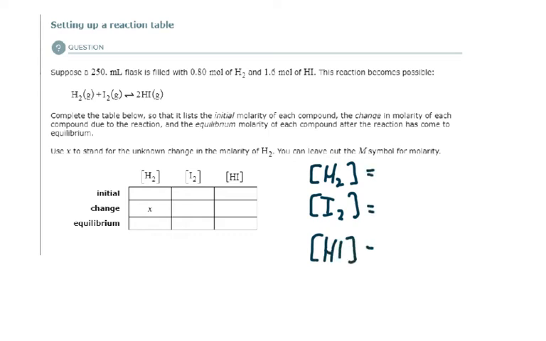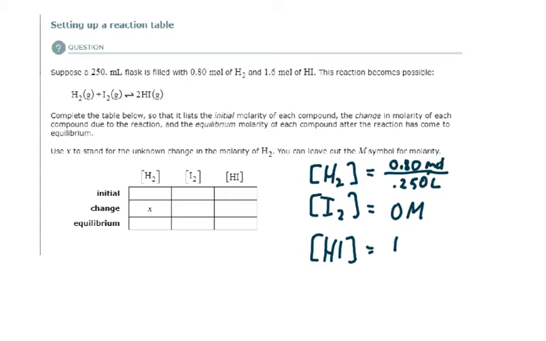So the initial concentration of H2 is equal to the moles of H2, which is 0.8 moles, divided by the volume of the vessel, or the flask, in liters. Here we have 0 moles of I2 to begin, so its concentration is 0.